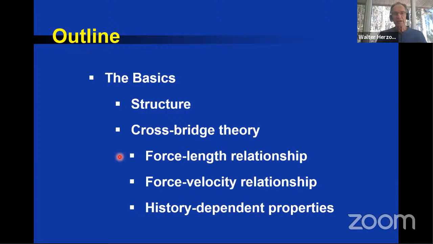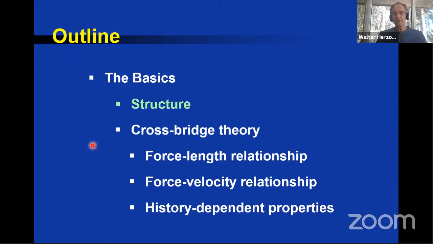And then I go into what I consider the three major mechanical properties of muscles: the force-length, force-velocity, and history-dependent properties, and then give a little bit of an explanation of those, and then show an example from sport or an applied science where we used these types of relationships and these types of properties to gain more insight into human movement or athletic performance.